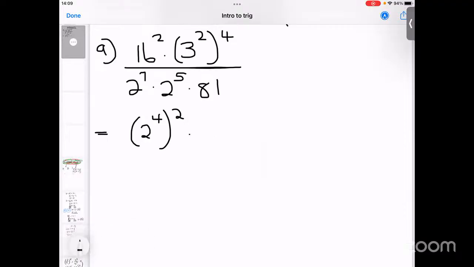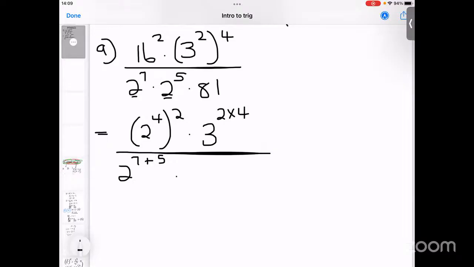We know that it will be 2 to the 4, all raised to the 2, where you end up having 2 to the 4 times 2. And then here, 2 to the 7 just remains as it is. But remember, the bases are the same, so you add their exponents. Very, very important, that part.